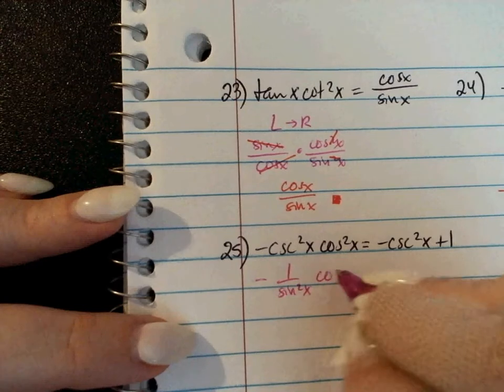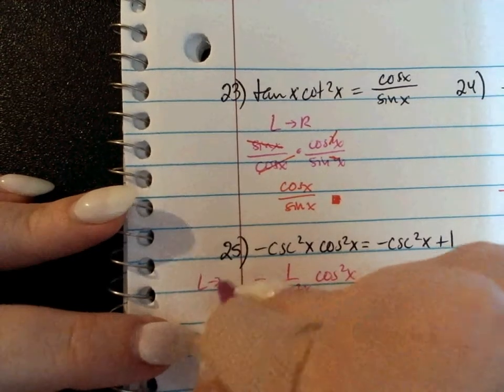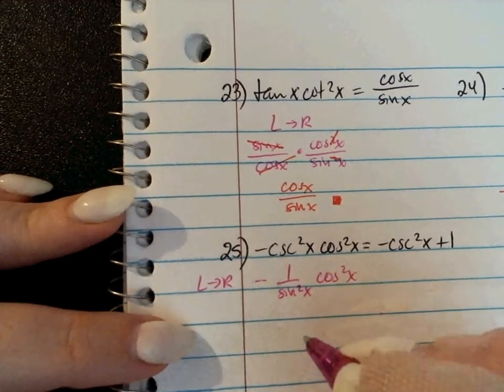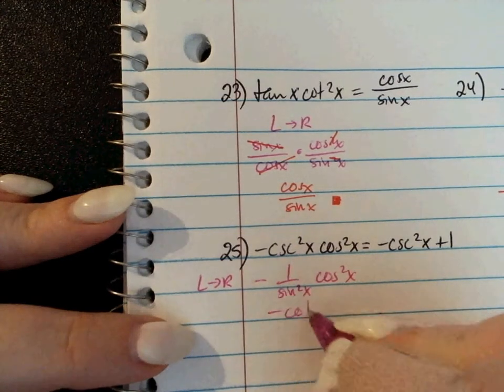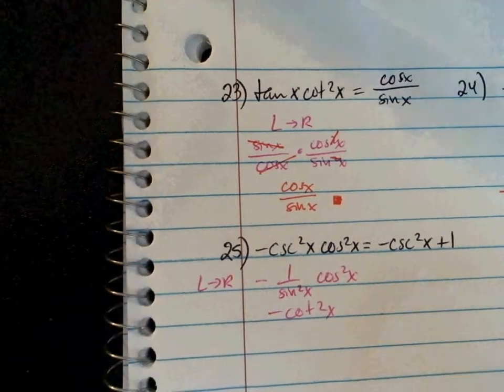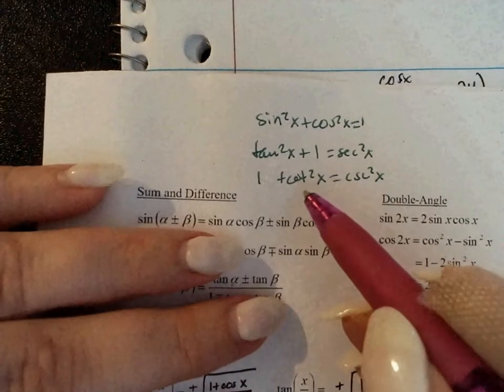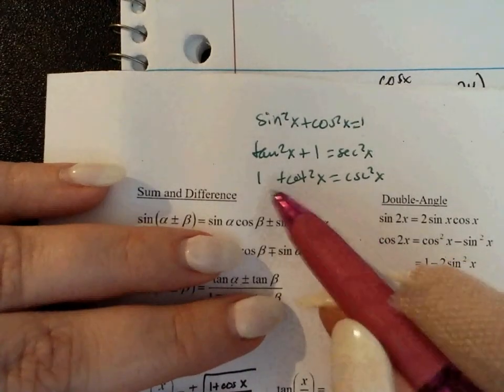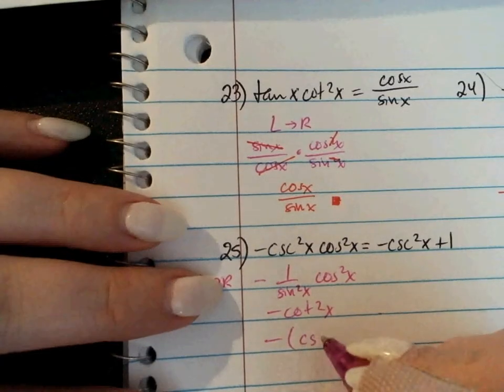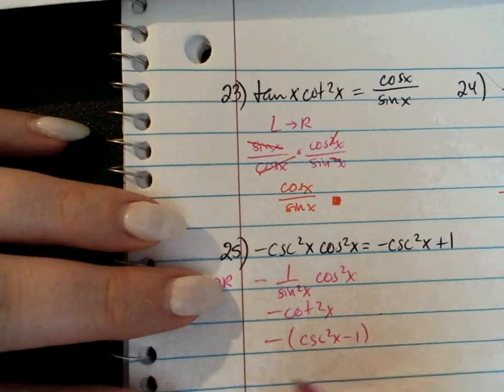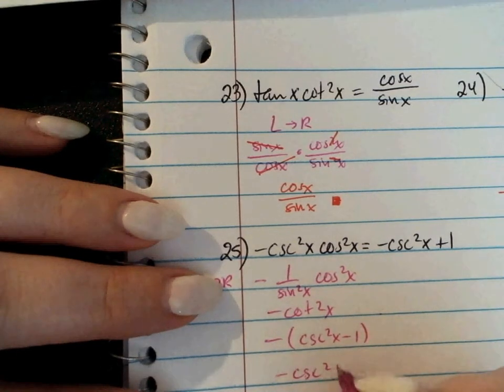I'm going to work left to right. And then I'm going to say, well, that's negative cosine squared over sine squared. That's negative cotangent squared. And then I'm going to use my identity. Cotangent squared equals cosecant squared minus 1. So I'm going to say negative, cosecant squared minus 1. Distribute my minus sign. I get negative cosecant squared plus 1. And we're good.